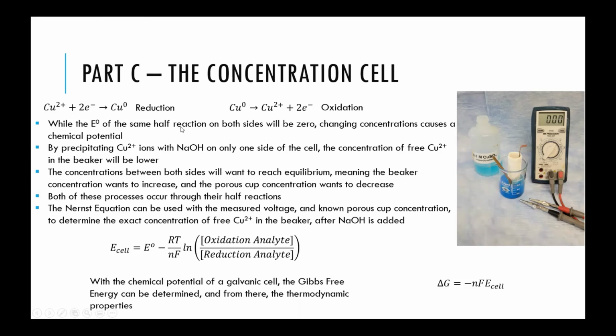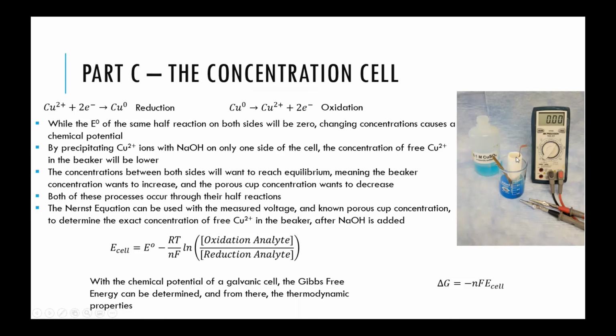That means the solution in the beaker, which is low, will want to increase its concentration of copper ion. That would be the copper metal being oxidized into copper ion. So that's the top part of the Nernst equation, the oxidation analyte.